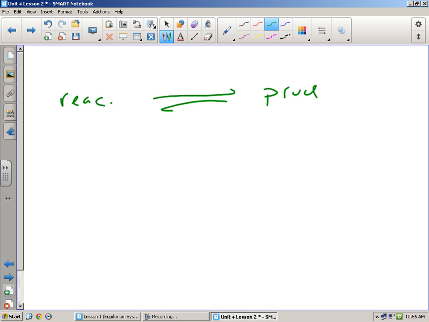okay, this is an equilibrium. So as far as percentages and things like that, I will talk about it a little bit, but we're not going to get too involved in this. The reaction has to be more than 0. Remember, you can't consume all the reactants in an equilibrium, because the reactants are going to make the products.